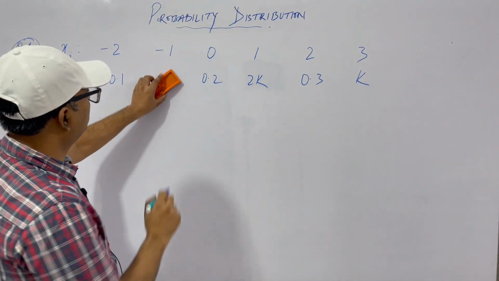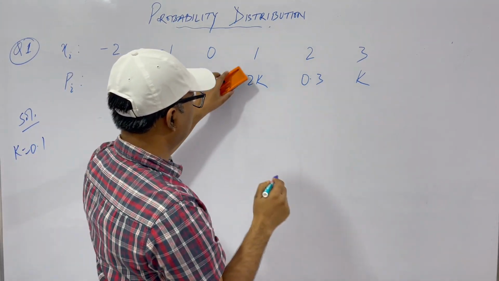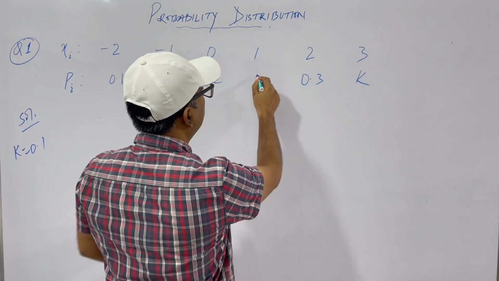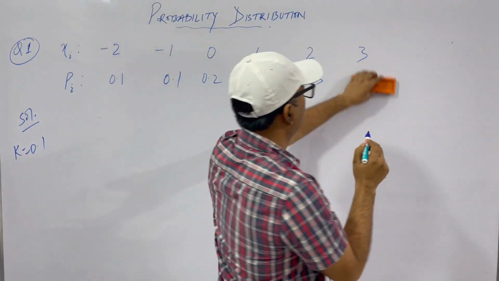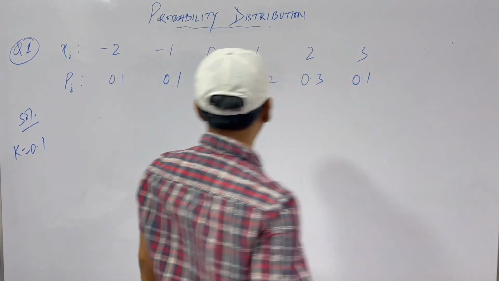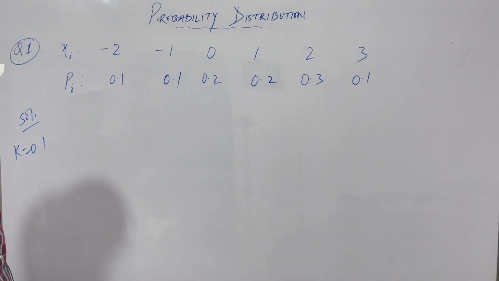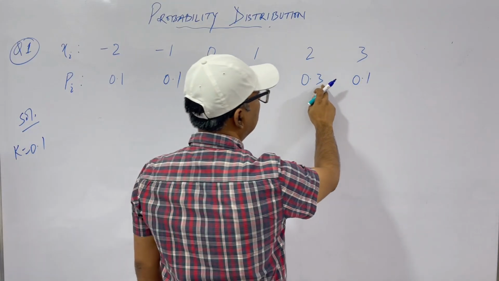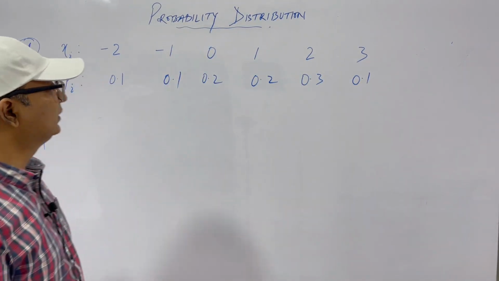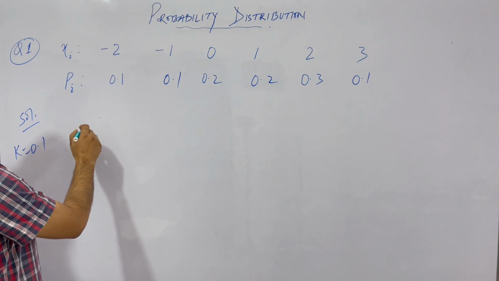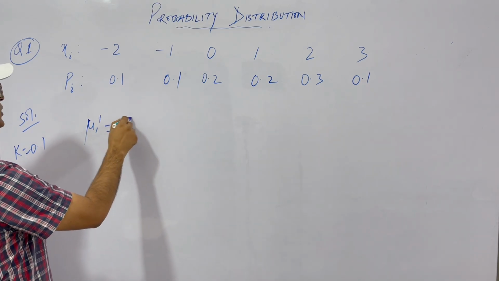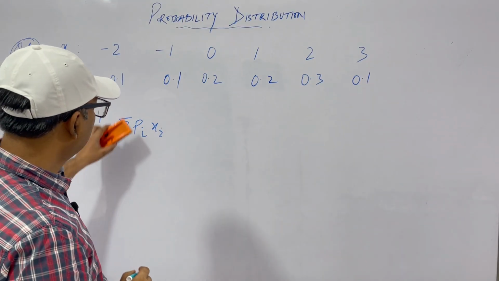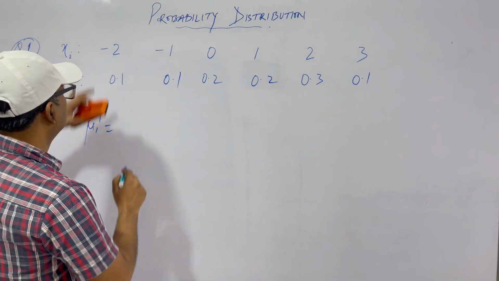Let's put 0.1 in place of k so that we are able to solve it more efficiently. 2k is 0.2, k again 0.1. So now our distribution is like this. You can see 1, 1, 2, 4, 6, 9, 10, so this is equal to 1. Now it is correct. We have to find first of all mu1 dash, that is sigma pi xi. This is mu1 dash, that is this into this.